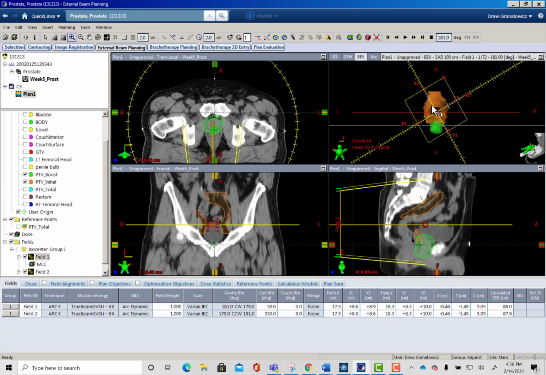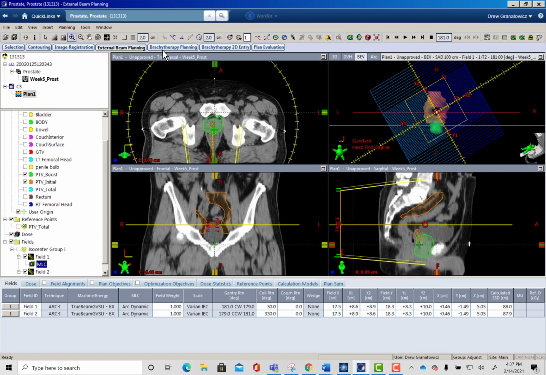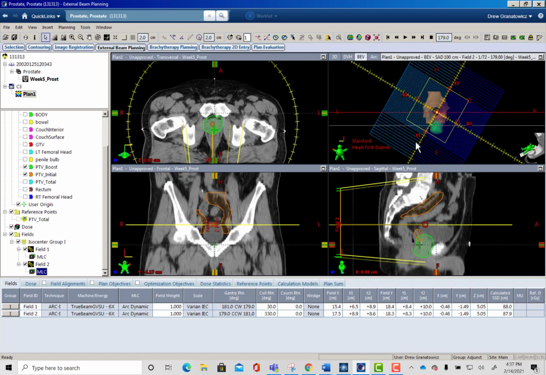Here is an example of a plan though that I'm going to close my jaws down a little bit. So I'm going to pick field 1. I'm going to close X1 just a couple cm. Get close to that 15 cm mark. For the other one, I'll do X2. So you want to make sure you do opposite sides, okay? So both are around that 15 cm mark.